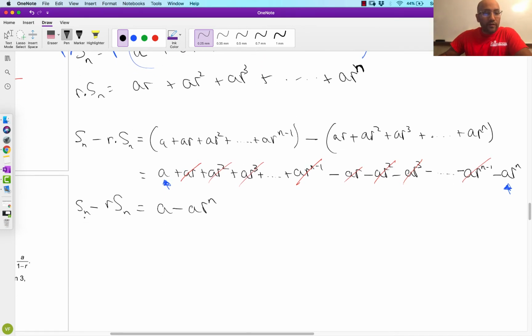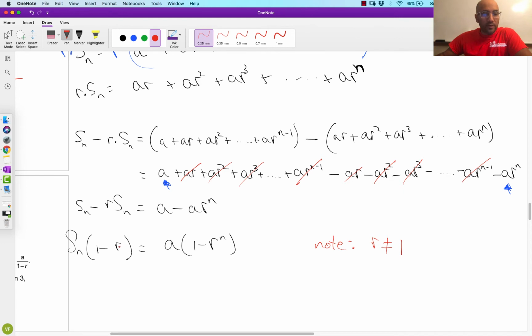Good. And remember, we're trying to figure out a formula for s sub n, right? So we're going to factor that out. We're going to get that s sub n times 1 minus r is equal to this guy, and again I'm going to factor the a out and say that this is a times 1 minus r to the nth power. And now if we divide both sides by 1 minus r, remembering that this was the case where r is not equal to 1.